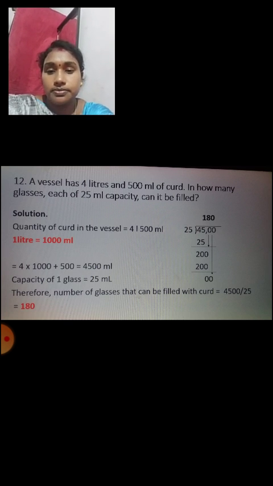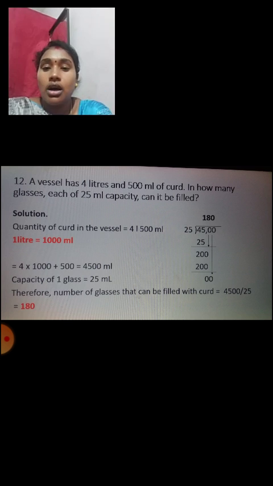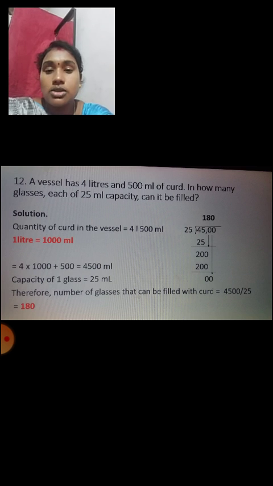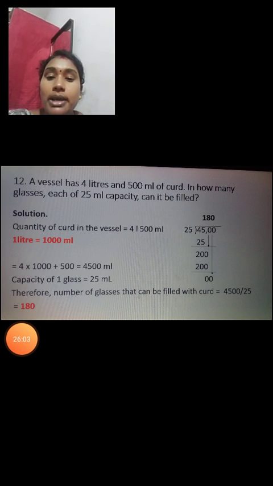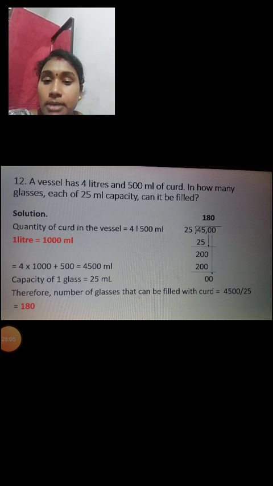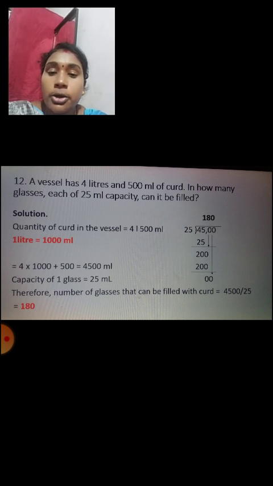4500 ml. Okay children. Now we are going to see how many glasses of curd can be filled with 4 liters and 500 ml. Okay, so now we got to divide them.